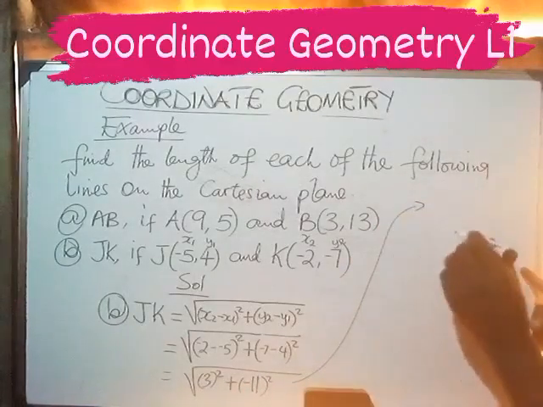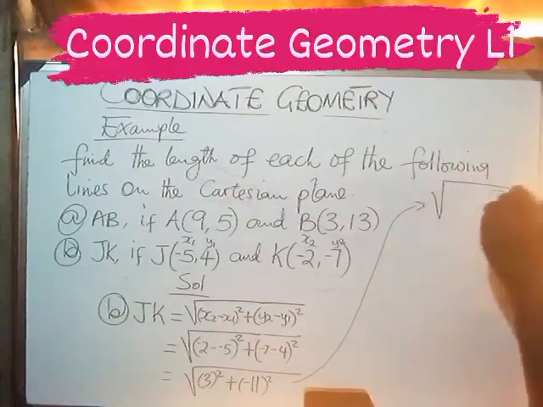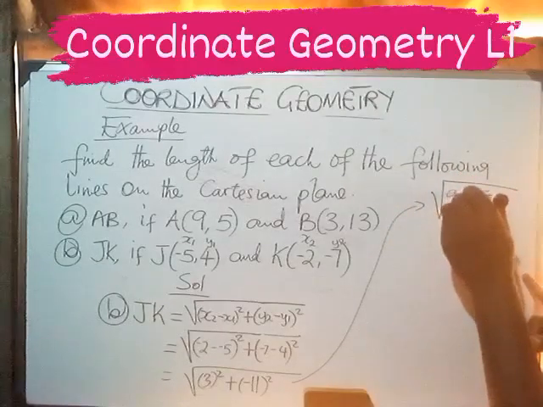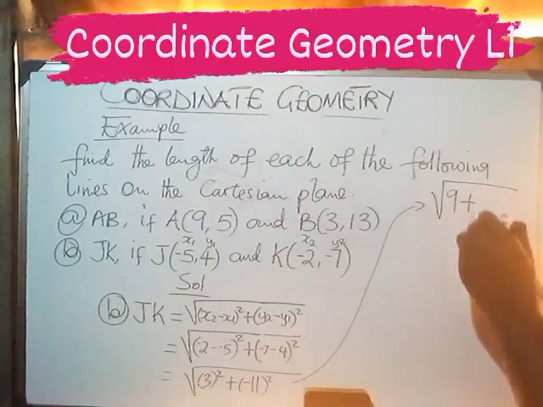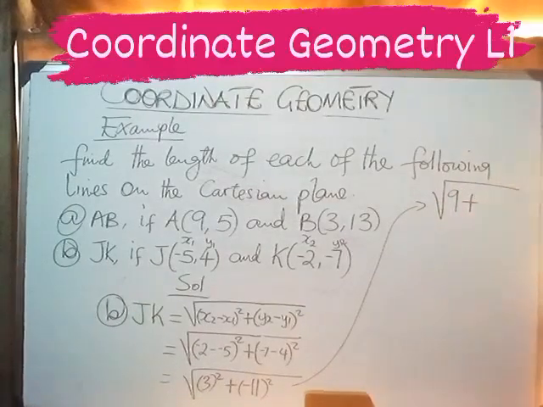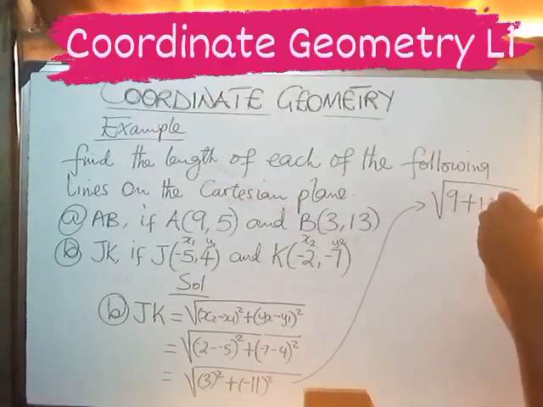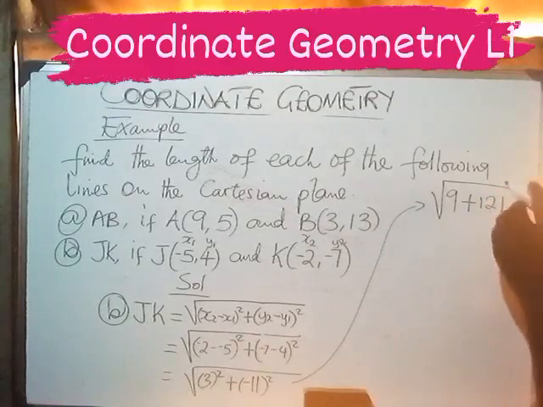Then we come there, what is 3 squared? 3 squared, we have 9. And negative 11 squared is negative 11 multiplied by negative 11. The answer is positive 121.